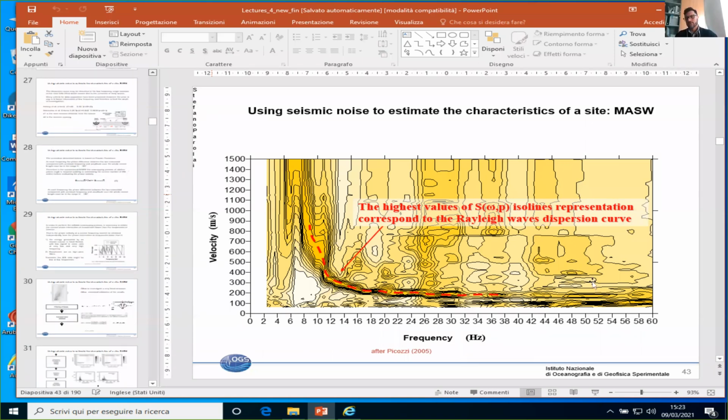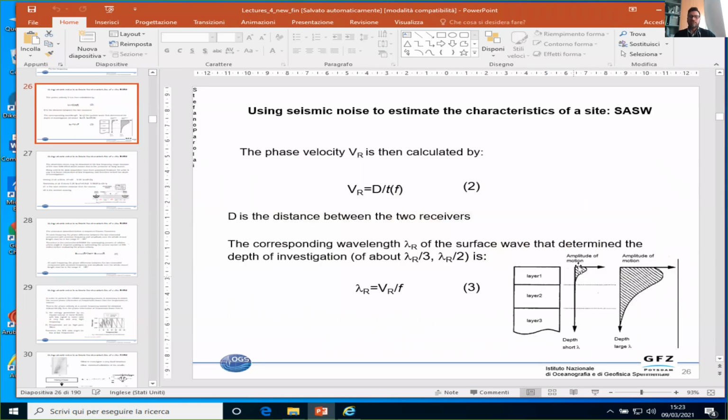You see it here. This is a high frequency, to the left. The wavelength is the velocity divided by frequency. So you have a small wavelength. So generally high frequencies do not penetrate too much in the ground. So they propagate only in the slow velocity layers.